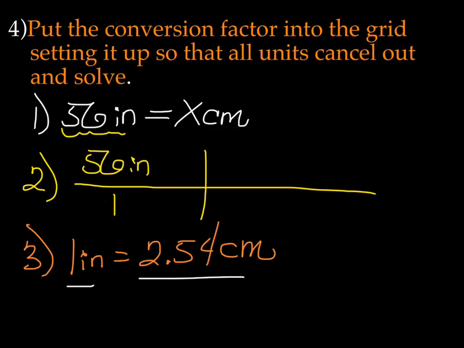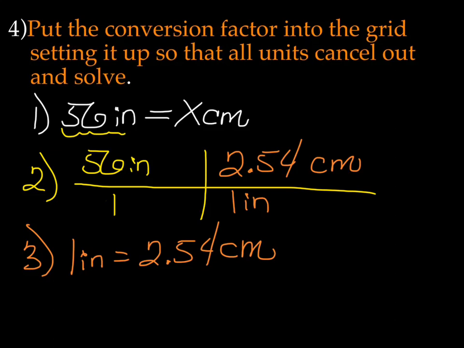And we pick which one should go where based on the ability to cross out the units. So if you remember, you can cross out top to bottom. So since we have inches in the top here, I'm going to put inches at the bottom. So I'm going to have 1 inch at the bottom and 2.54 centimeters on the top.